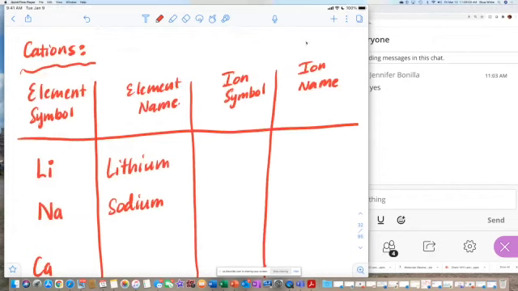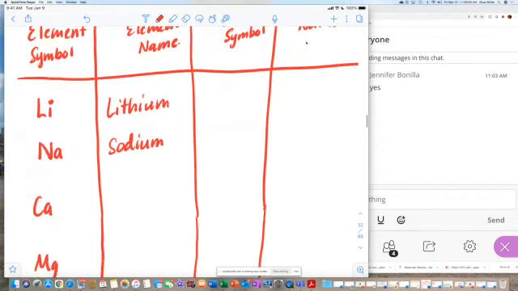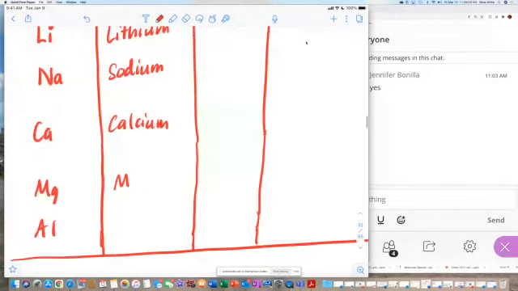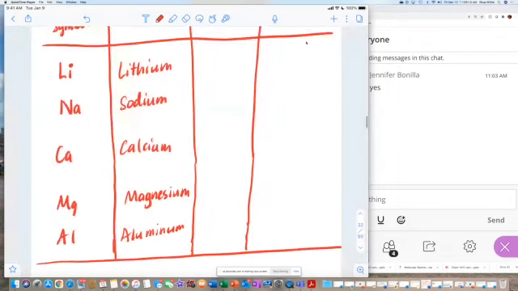So I'm going to write here: cations are mostly metals, and this is true about 95% of the time. So I got lithium, sodium, calcium, magnesium, and aluminum. These are my 5 selected, the ones that made the cut.